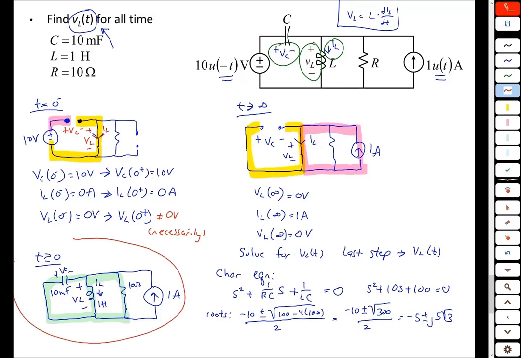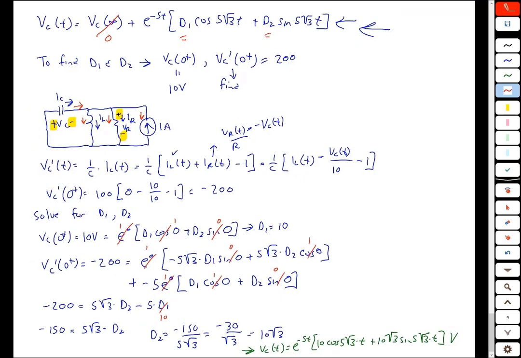If you look at this equation here, VC is this voltage here, VL is this voltage here. The capacitor and the inductor are in parallel. The only thing is that VL has an opposite polarity of VC. So we see that VL just equals minus VC. So this last step is very simple.